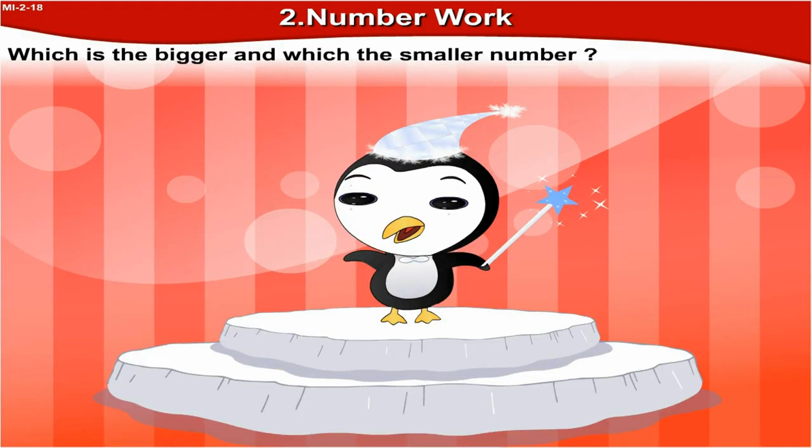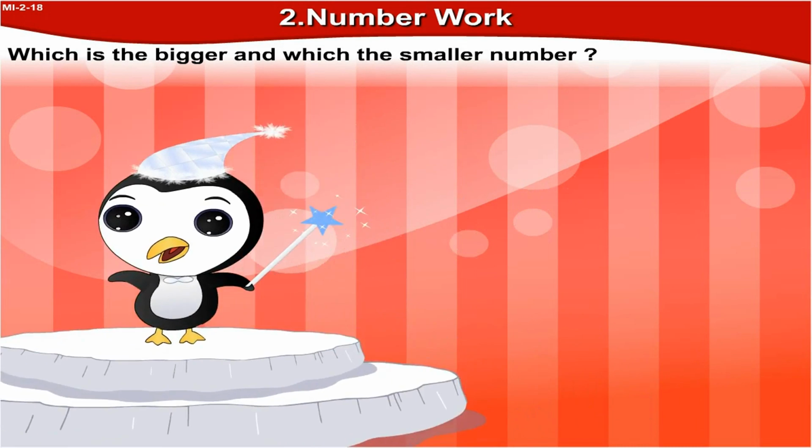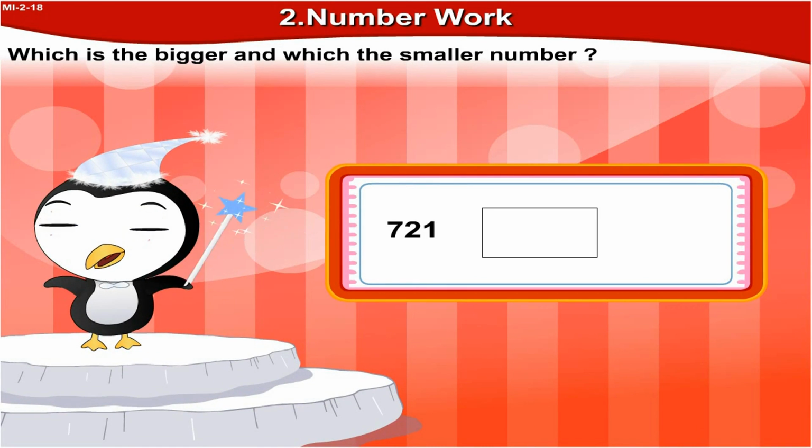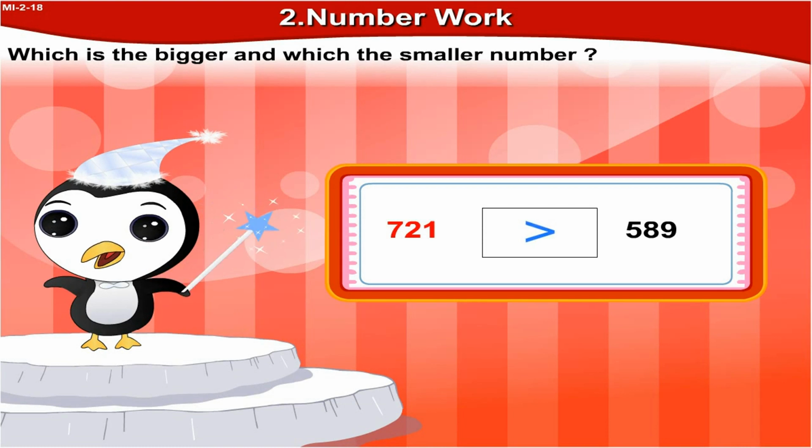Which is the bigger and which is the smaller number? Kids, I'll take some examples so that it becomes easy for all of you to understand. Well, my first example is 721, box, 589. Here, 721 is greater than 589.